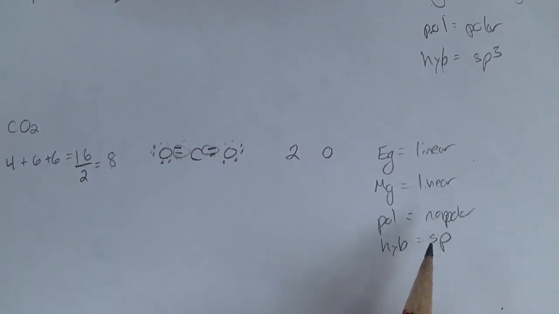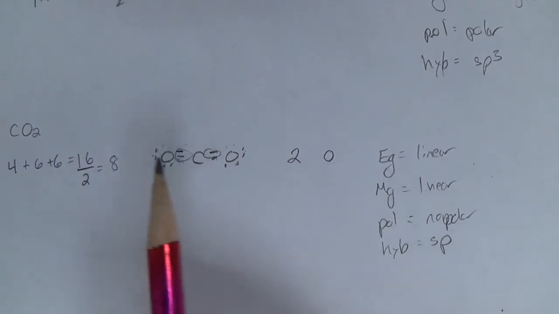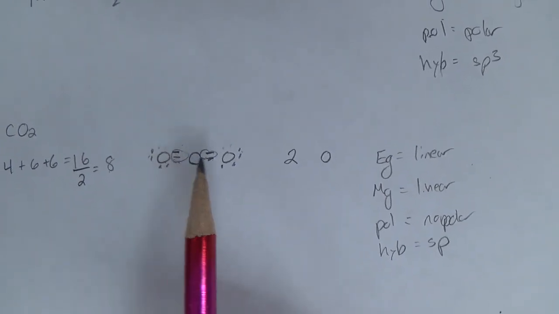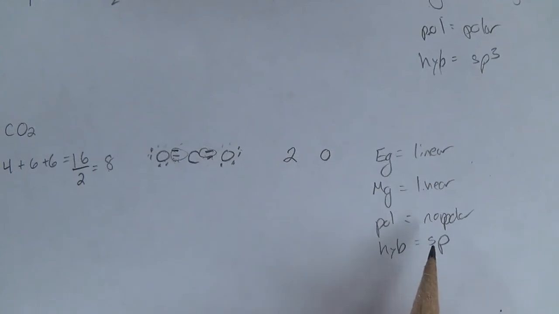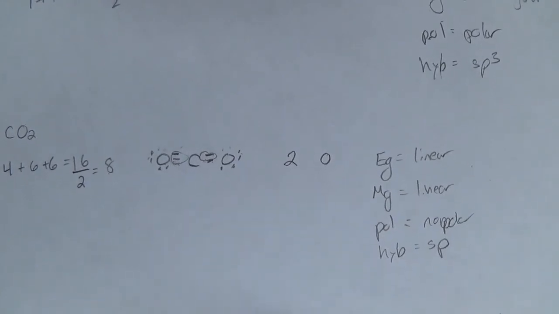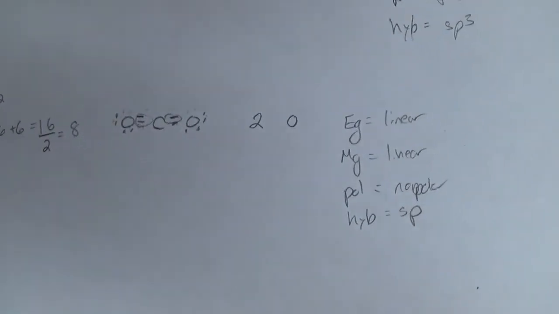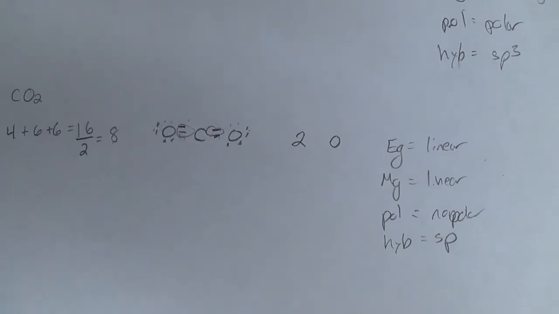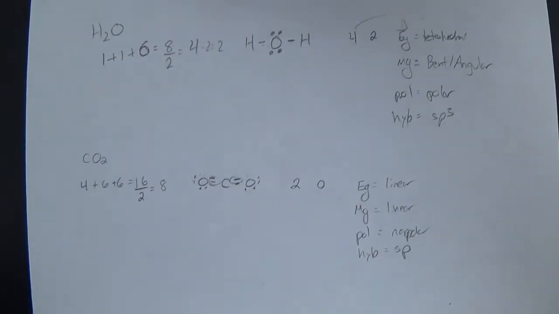That's a hybridization of sp. Take AP chemistry and we'll learn that these double bonds are a sigma bond and a pi bond, and only sigma bonds count towards hybridization. All right, but easy enough just to think how many areas of electrons does it have around it, and that works as well. All right, so that's what to do if you need a multiple bond.